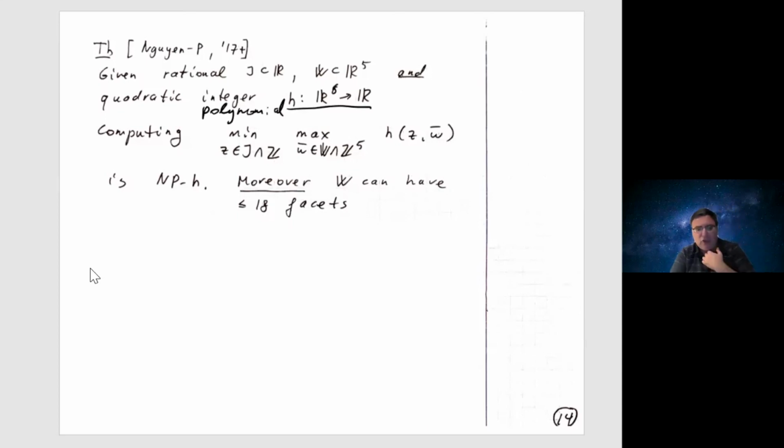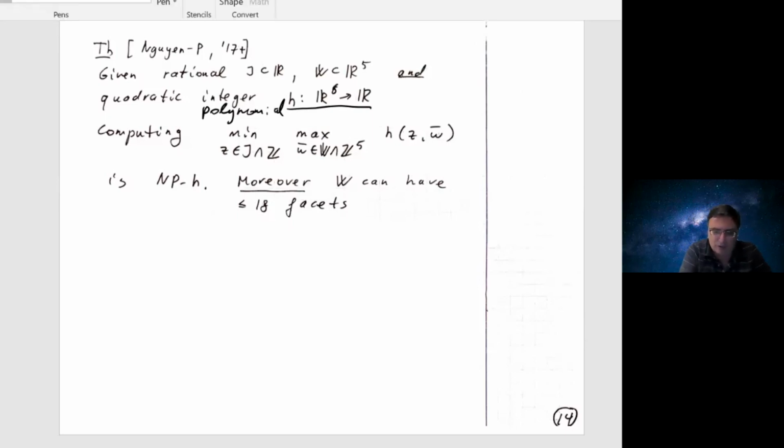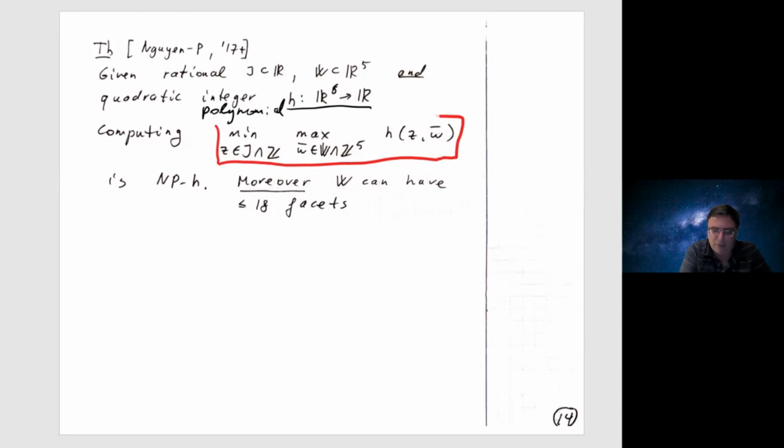So suppose you want to optimize this polynomial, and what you do is you write the usual kind of problem. You mean max of this quadratic polynomial, and you're asking about, so J is an interval actually, W is some kind of convex polytope in R5, and we're asking to solve this min-max problem.